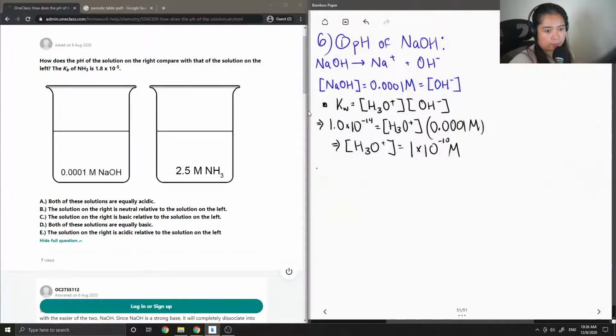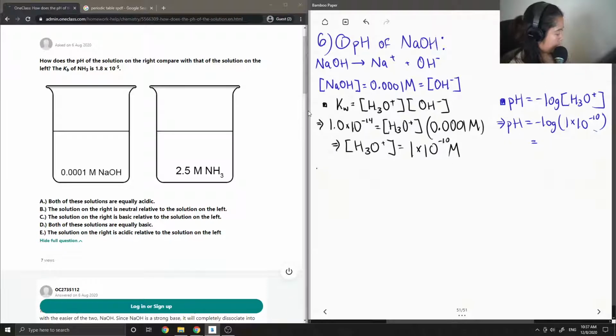Okay, so now over here we can find the pH, which is equal to the negative log of H3O plus, and in the previous step we found it was 1 times 10 to the negative 10. So its pH is just 10.